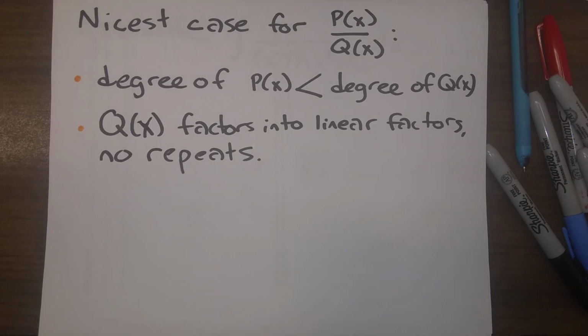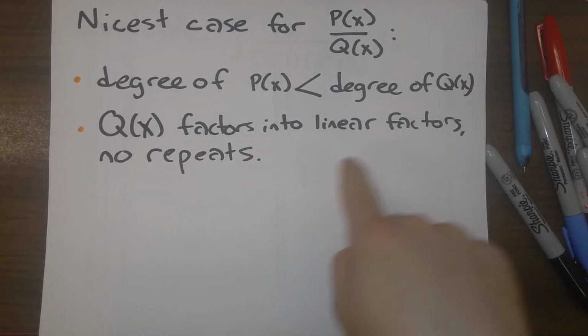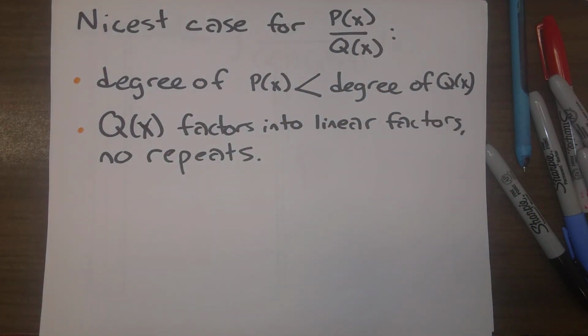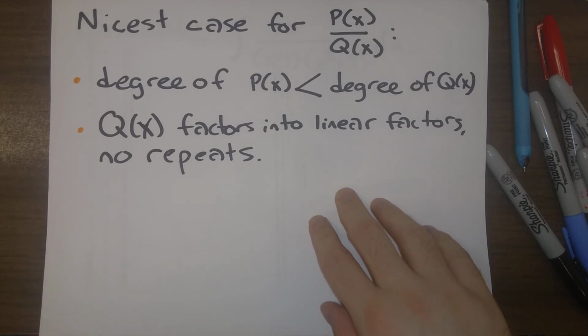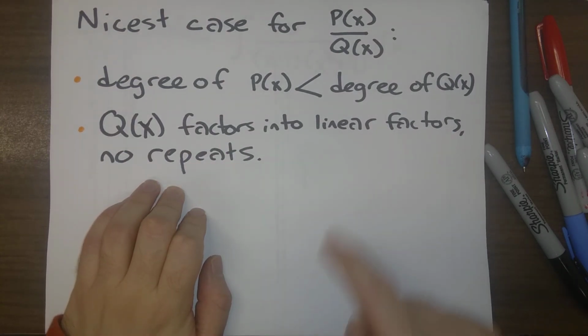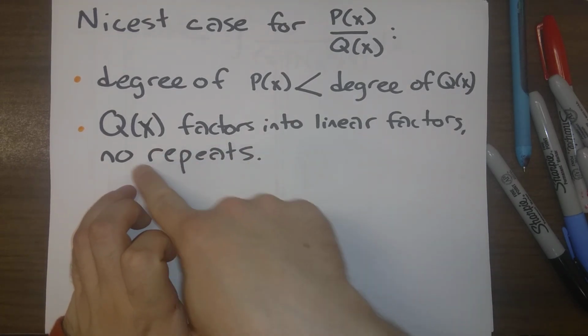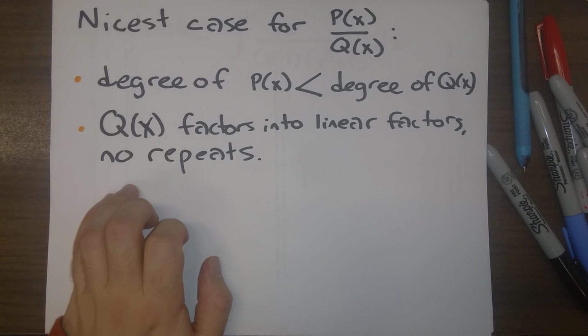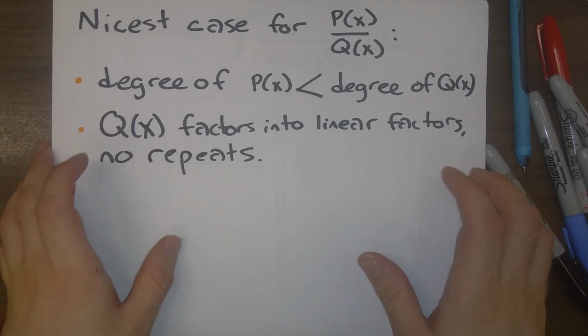And lots of examples in this section on the method of partial fractions. We started off with the nicest case, and then we kept messing with it a little bit. We started with 2 factors, and then we said we could have 3 factors or more. We also looked at repeated linear factors, and we had ways to take care of that.